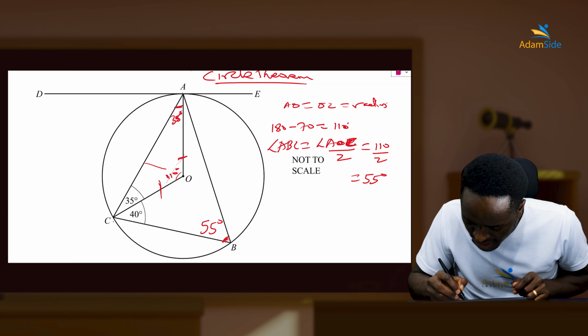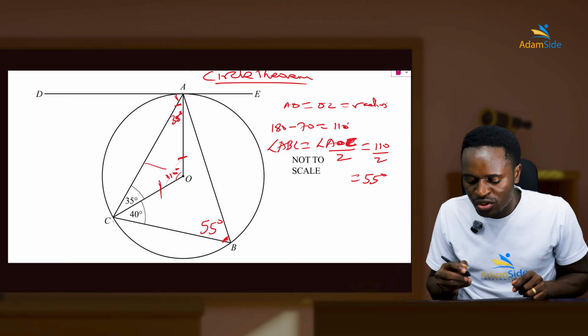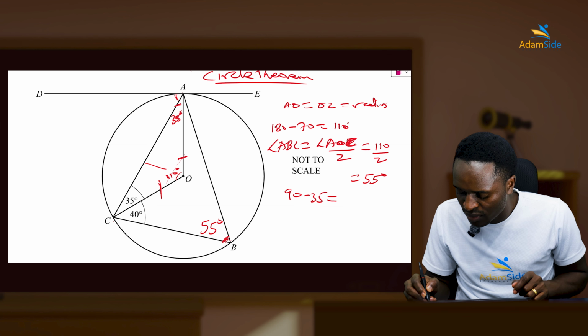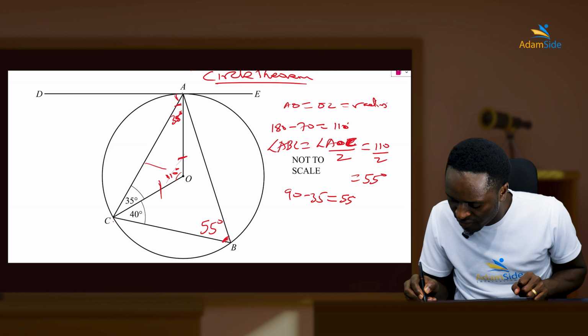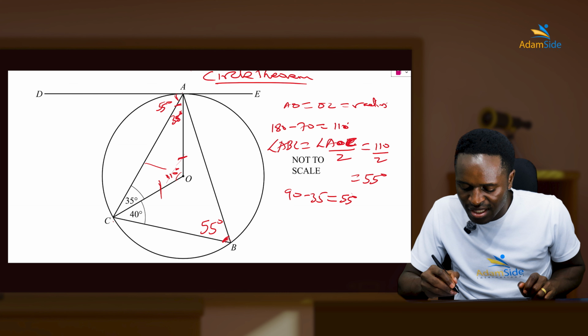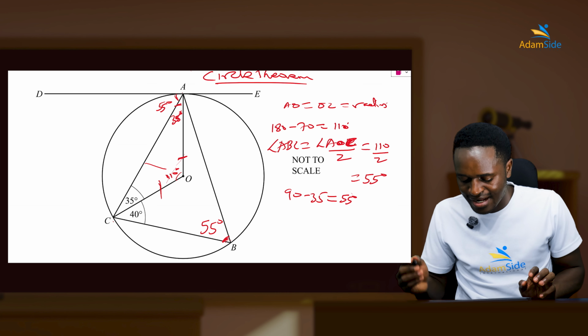So if this is 35, what will be the remaining angle? Obviously it will be 90 minus 35. What do we get? We get 55 degrees. Therefore, this is 55 degrees. The other one is obviously 90.